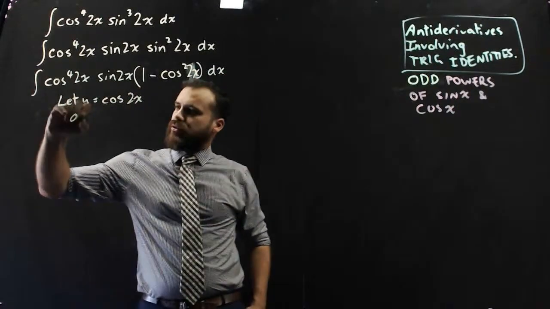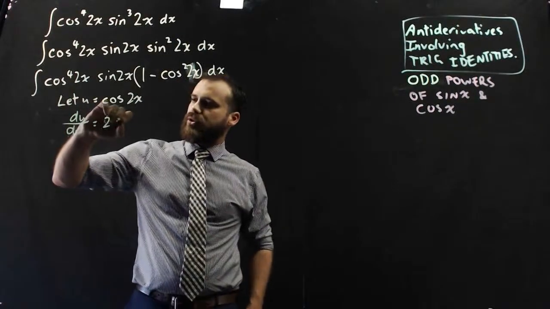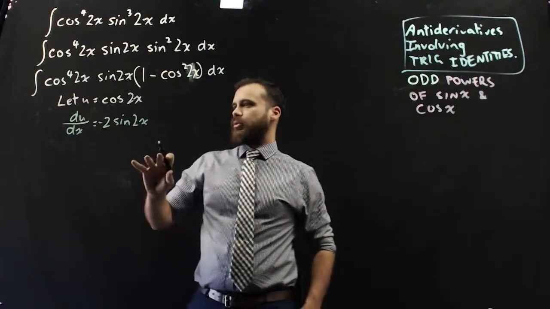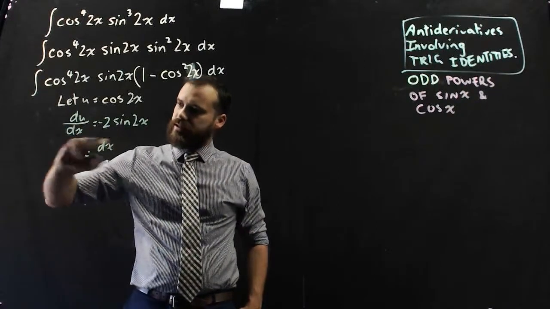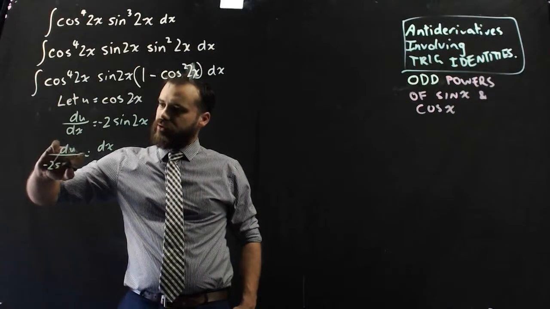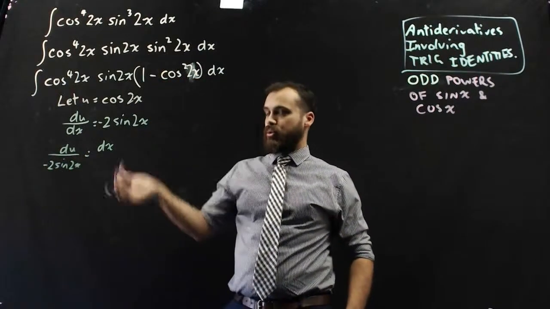Then the derivative of u with respect to x is negative 2 sine 2x, sorry. We should be able to rearrange that to make dx the subject, negative 2 sine 2x, and we should now be able to sub all of that in.